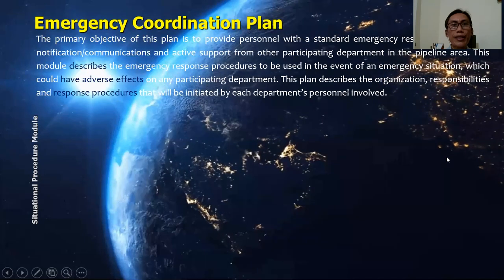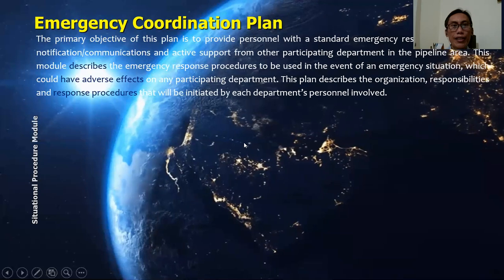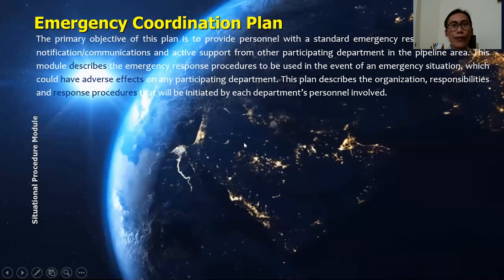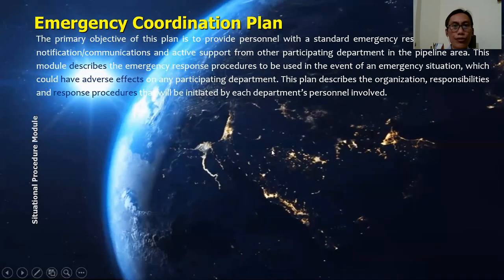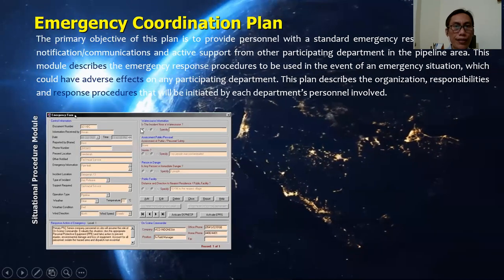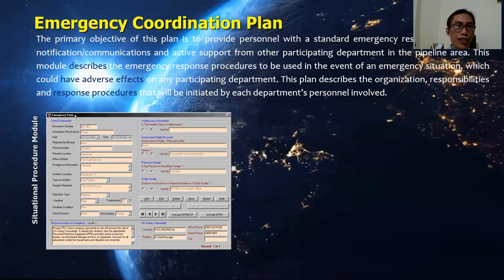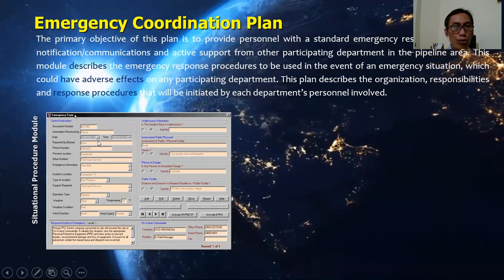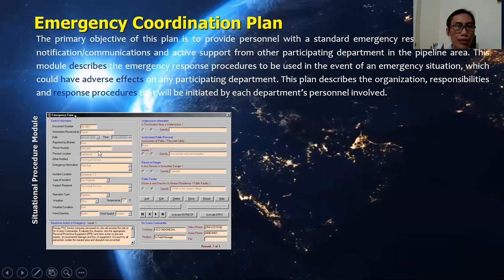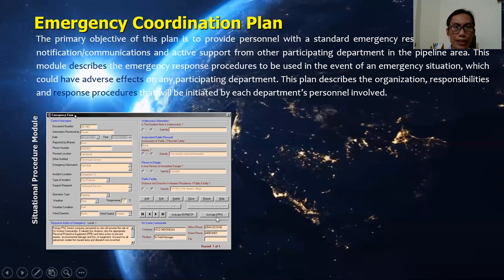And next is the emergency coordination plan. So we can record all emergency reports. When an accident or emergency happens, we record on this screen who received the information, who reported the emergency, and some other detailed information.